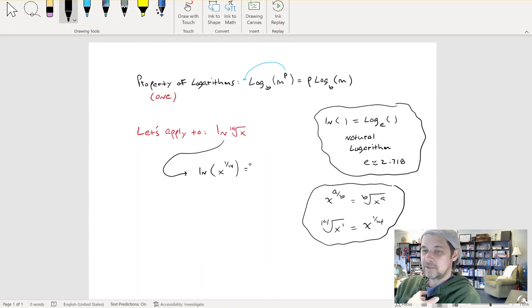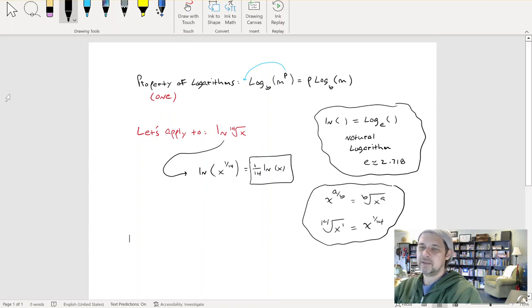So that 1 over 14 will be 1 over 14 times natural log of x. And that's as far as I can take it. I can't combine or cancel or reduce anything from there. Okay? So that's what's intended by that question, to understand that this property is in fact applicable to it.